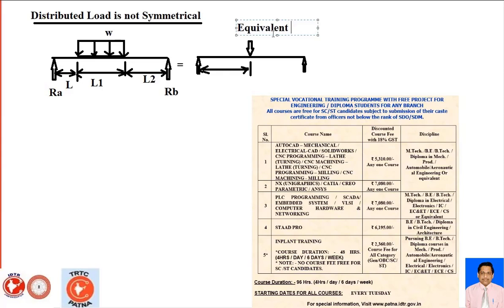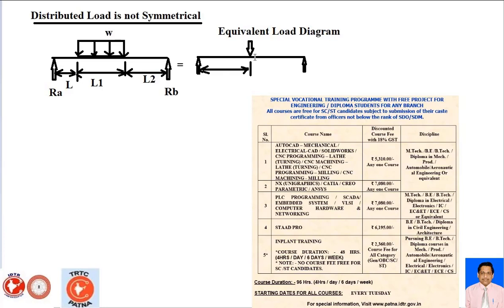This is basically the load diagram, and the next is the equivalent load diagram. First of all, you have to draw the equivalent load diagram, placing an equivalent load at the centroid of the distributed load. So this is your centroid of the distributed load.